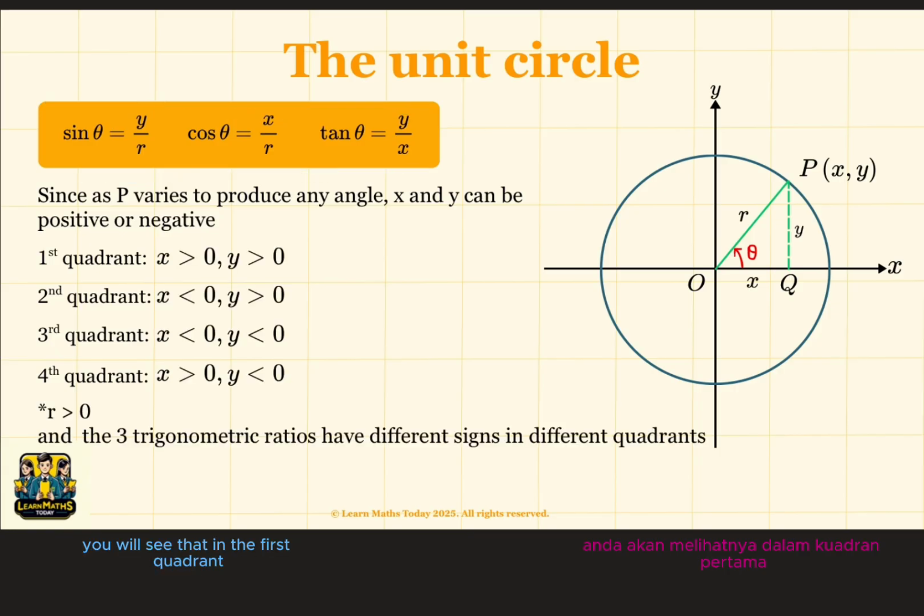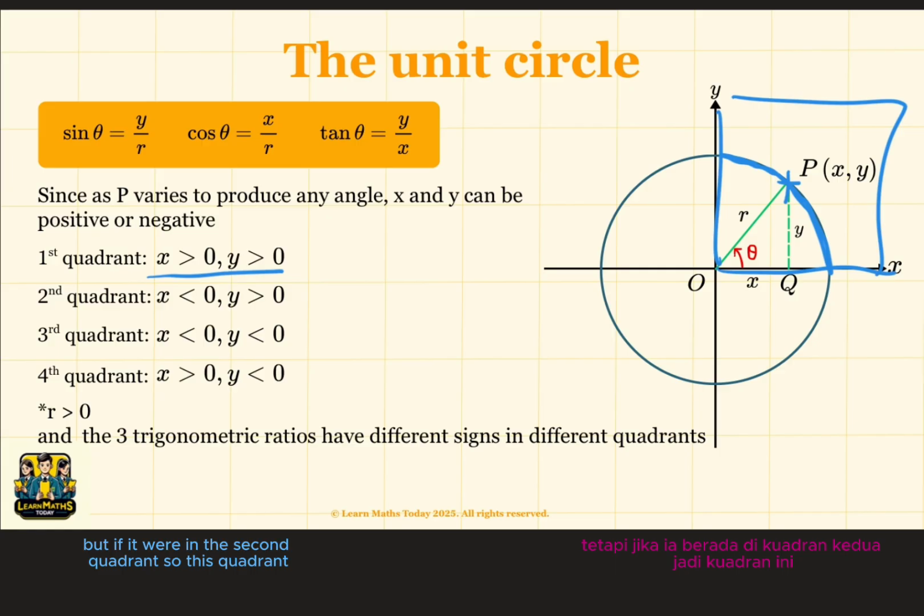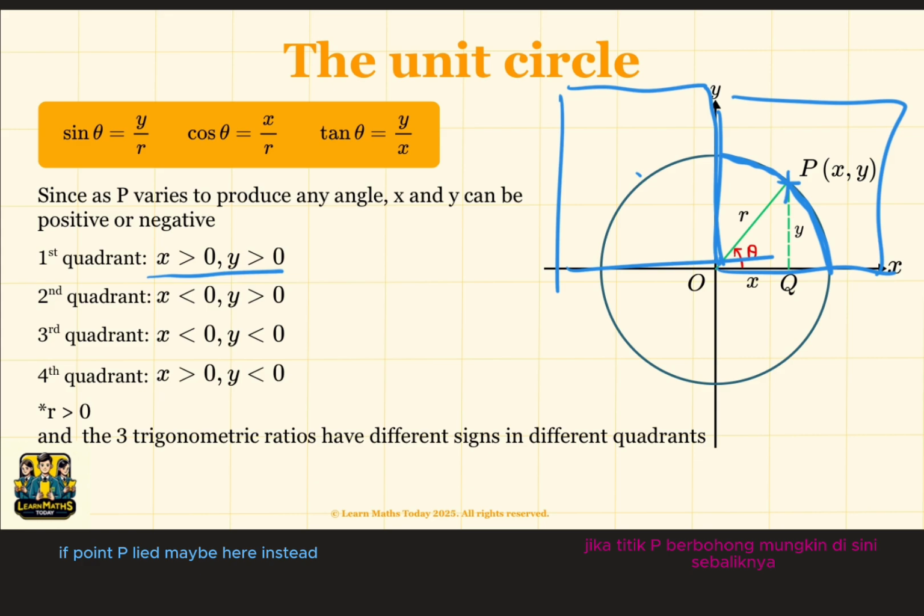you will see that in the first quadrant, if that point lies anywhere here, then the x coordinate will be positive and the y coordinate will also be positive, right? But if point P lies maybe here instead, in the second quadrant, x will be less than 0 and y will be greater than 0.